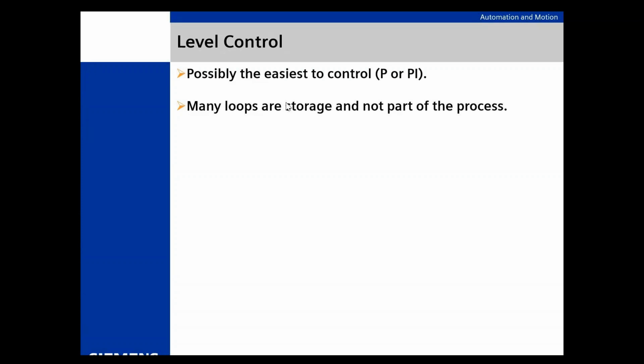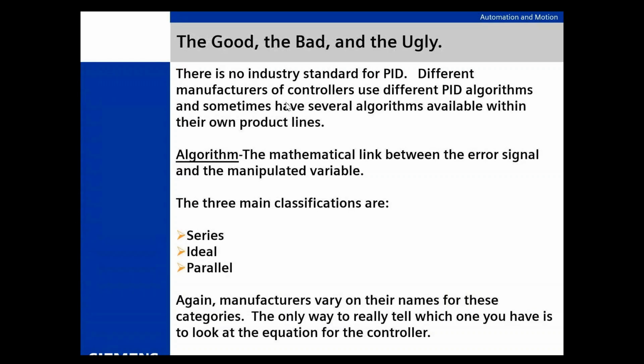All right. We're not going to go a whole lot into algorithms except to say that the two things you want to take away from this picture, there's no industry standard for PID. The algorithm that Siemens uses or somebody else uses, those are a little bit different.